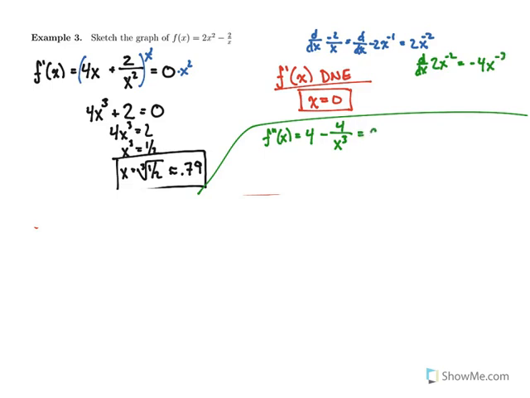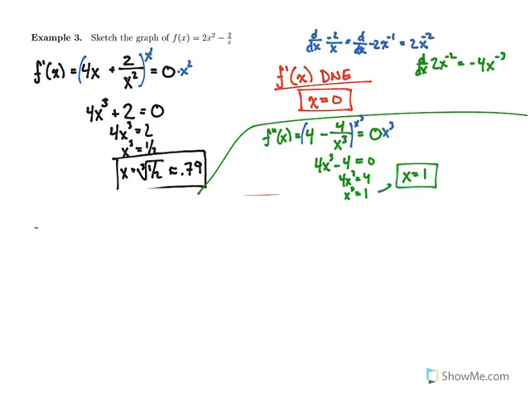We set this equal to 0. First thing we should do is multiply by x cubed on both sides. We get 4x cubed minus 4 equals 0. It's 4x cubed equals 4. X cubed equals 1. That's going to be x equals 1.